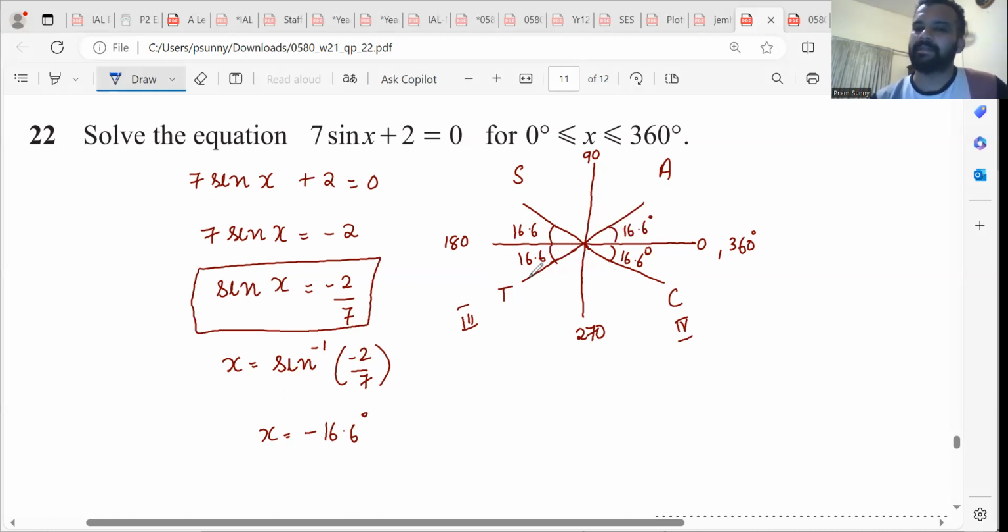We know the angle measurement in the third quadrant. If my angle is in the third quadrant, it will be represented by 180 plus theta. If the angle is in the fourth quadrant, then the angle representation is 360 minus theta. Theta will always be the angle in the first quadrant, that is 16.6. So here, my final answer will be 180 plus 16.6, which will give me 196.6.